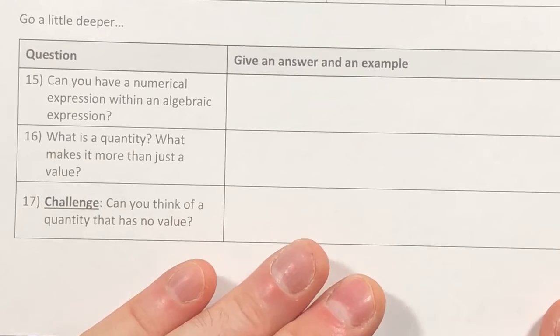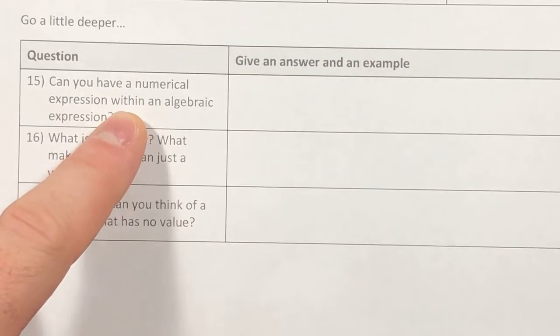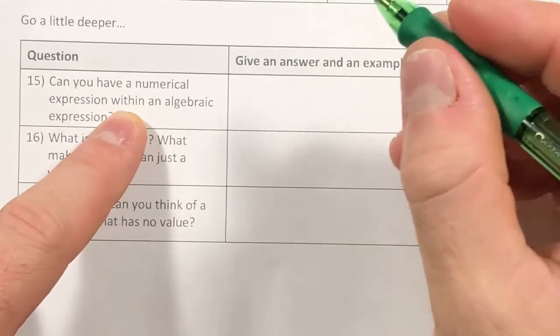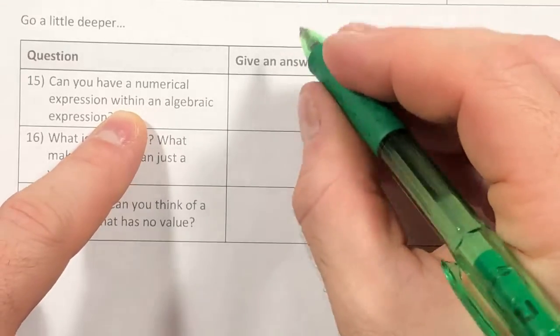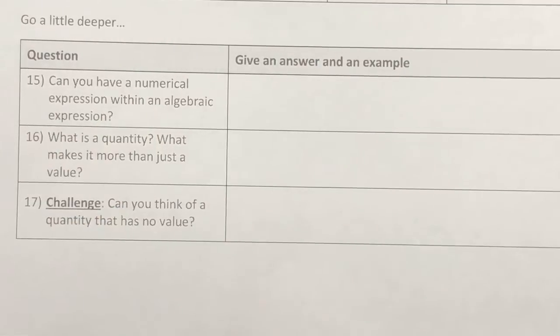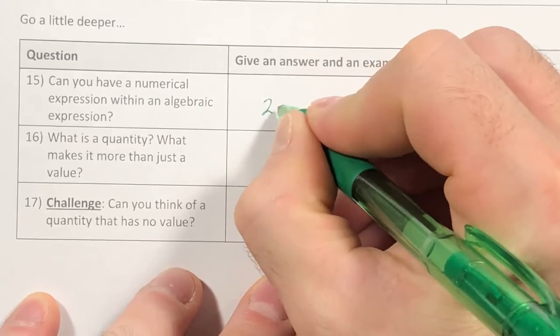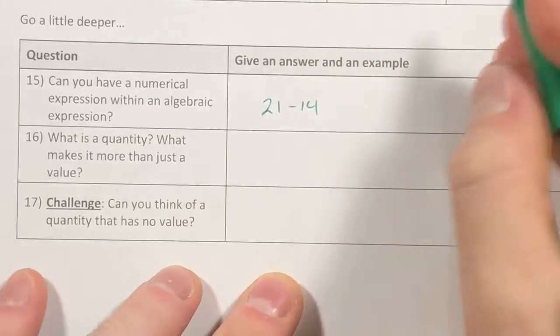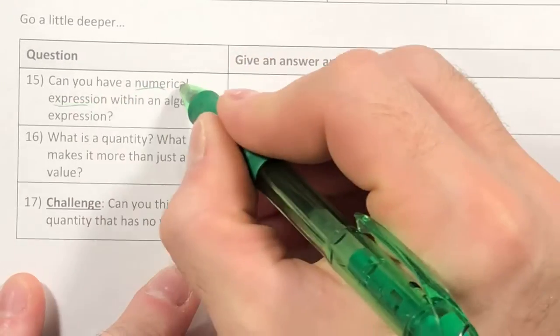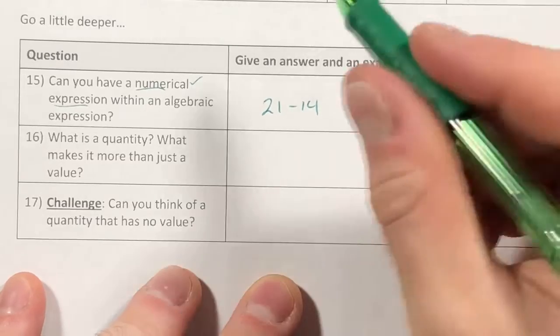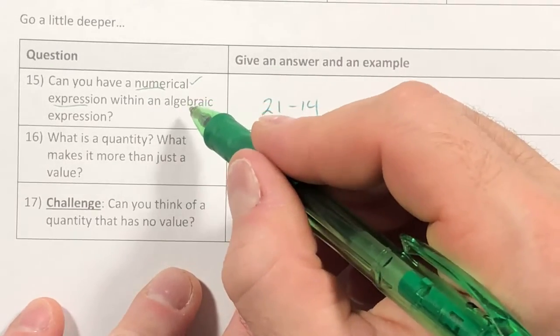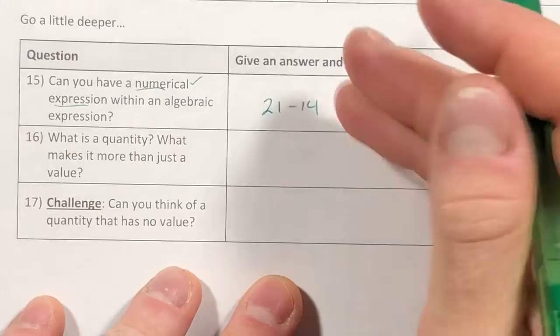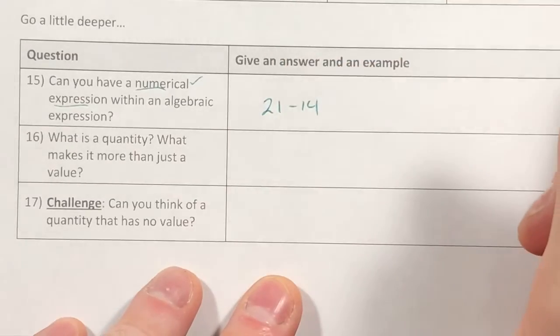So let's go ahead and start out with a numerical expression. What would a numerical expression be? Well, we had one earlier with the 21 minus 14. So let's write down that 21 minus 14 and see what we can do. So as of right now, we have our numerical expression. Check that off. I want to turn this into an algebraic expression or add an algebraic expression to the outer portion of this.